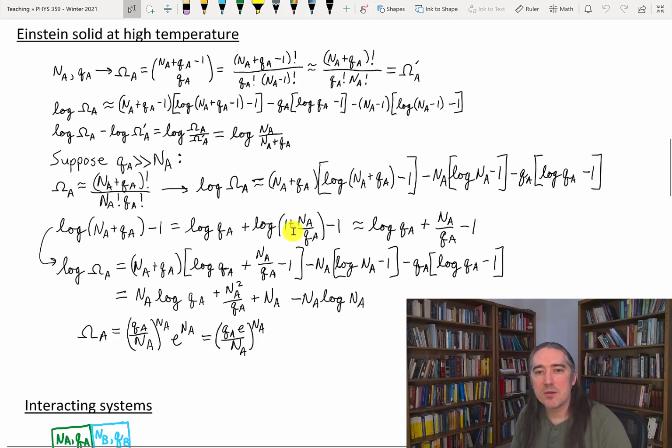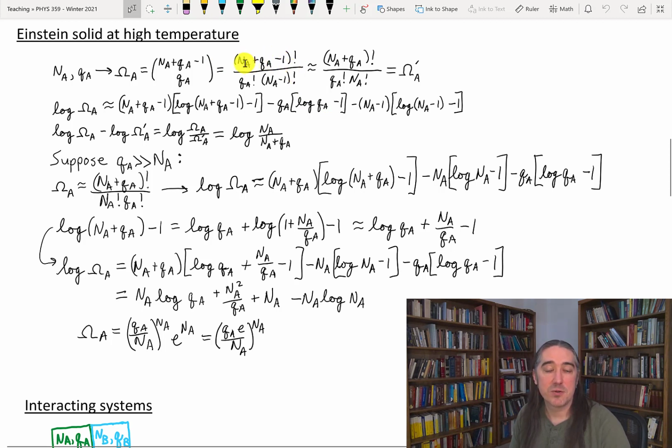Whenever you have the logarithm of 1 plus a small thing, you can Taylor expand it: the log of 1 plus x is just x when x is very small. So this becomes log of Qa, plus Na over Qa, and we pull the minus 1 through.